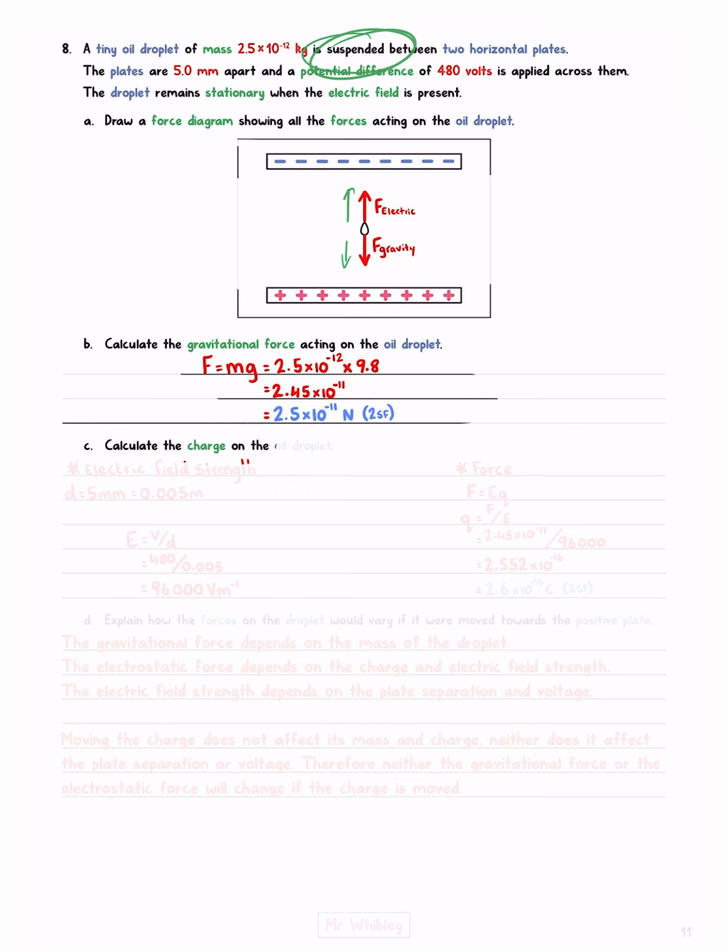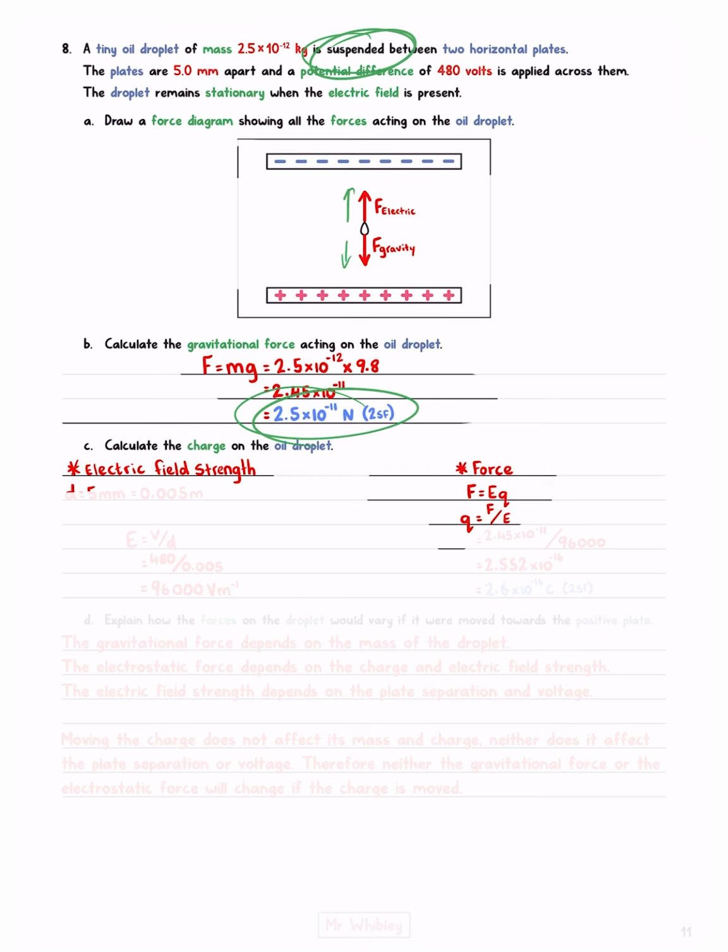Calculate the charge on the oil droplet. To find the charge, we can use the force equation, that F is equal to EQ, solving that for charge by dividing both sides by the electric field strength. And while we know the force, we found it earlier, we don't know the electric field strength, so we need to find that.